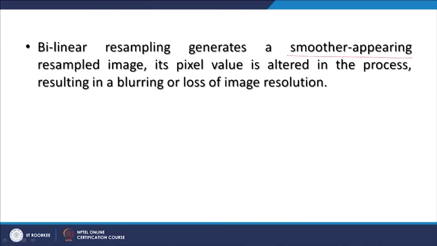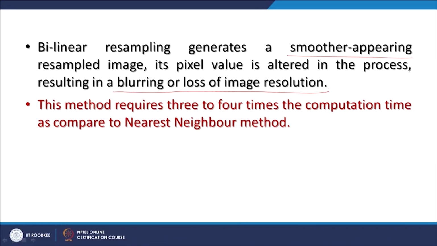Now, there are advantages and disadvantages. In this technique, bilinear sampling will generate a smoother appearance, so the jagged issue we have been discussing in the case of nearest neighbor may not come. It will produce a very smooth image, but there may be blurring or loss of image resolution. So, what it is doing is providing better geographic accuracy, or georeferencing accuracy, but at the same time it is reducing the image quality.